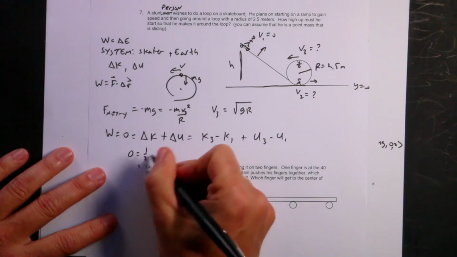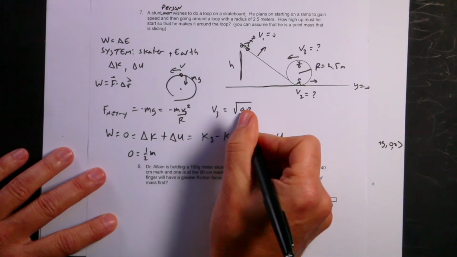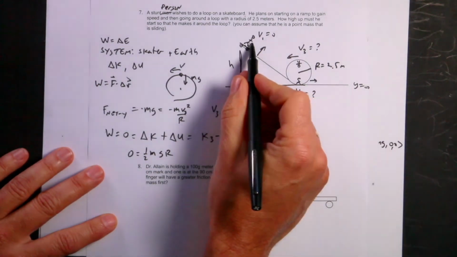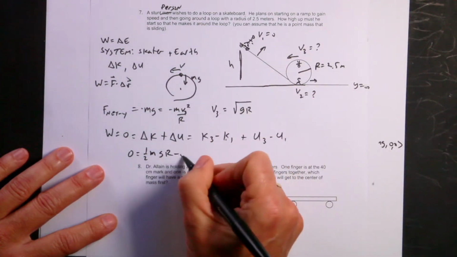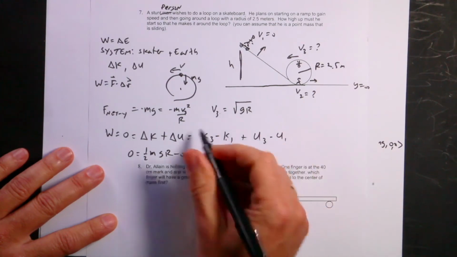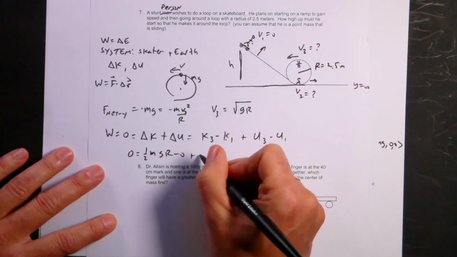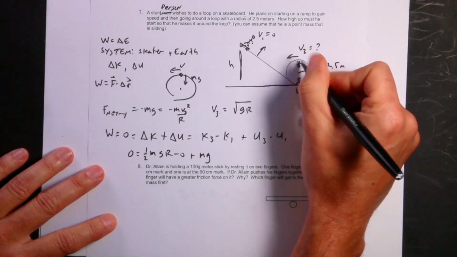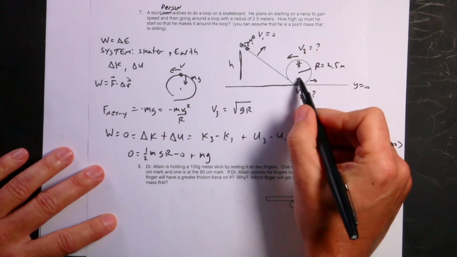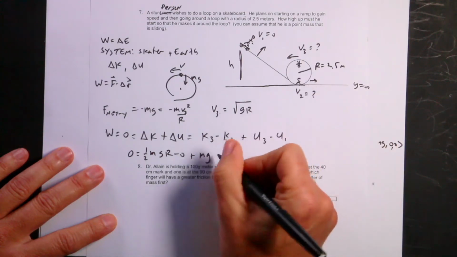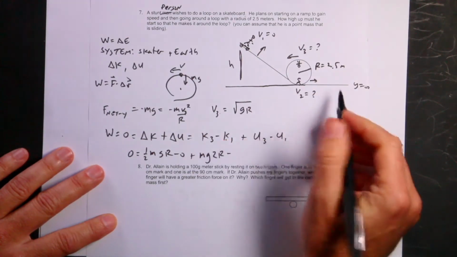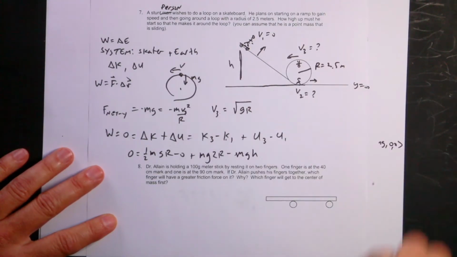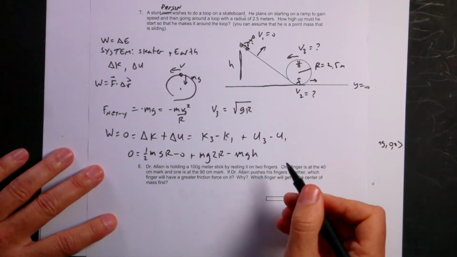It's going to be 1/2 m times this squared, so 1/2 m gr, minus K1. The kinetic energy right there is 0. Plus U3. U3 is mg times this y value, which is twice the radius, so it's mg 2r, minus U1, which is mgh. And I don't know h. I want to solve for h.